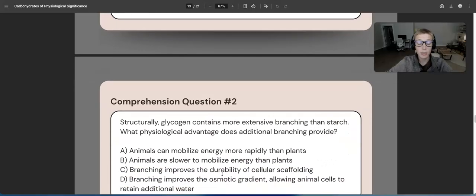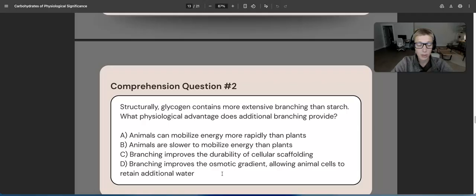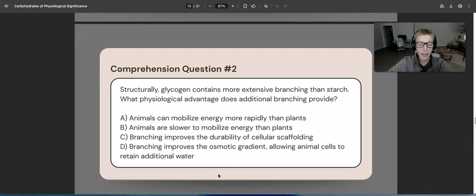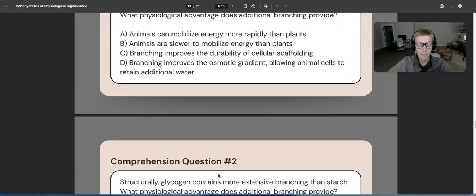Comprehension question 2 says, structurally, glycogen contains more extensive branching than starch. What physiological advantage does additional branching confer? Well, the answer to this question is A. Animals can mobilize energy much more rapidly than plants.